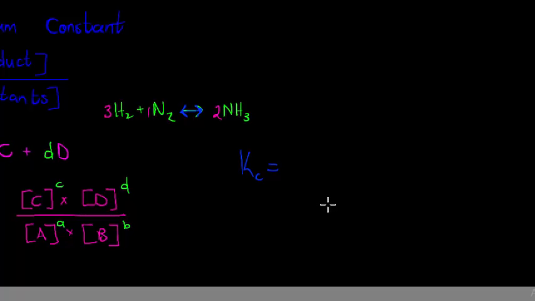The formula for the chemical equilibrium would be the concentration of NH3 to the power of 2, because its coefficient is 2, divided by the concentration of H2 to the power of 3, times the concentration of N2 to the power of 1, which I don't need to write.